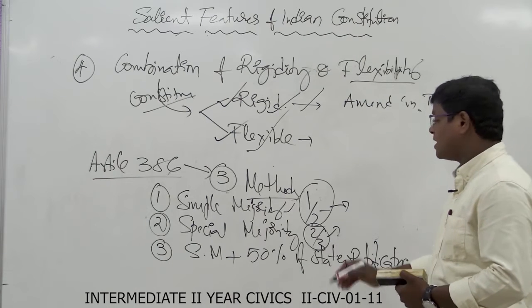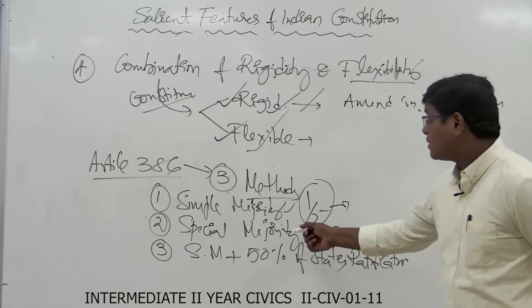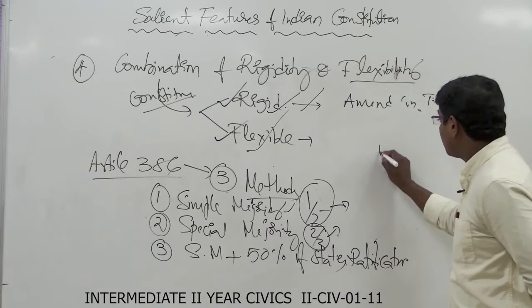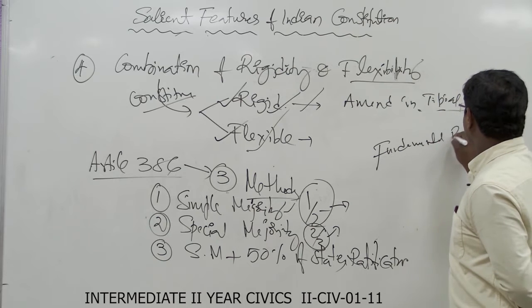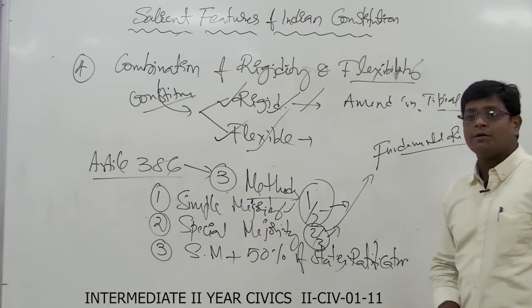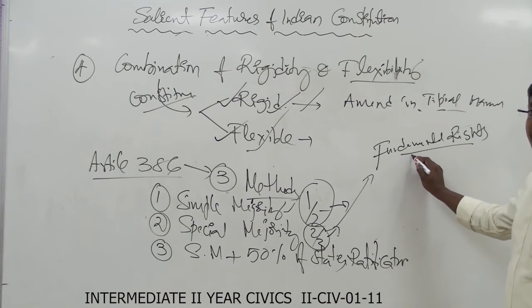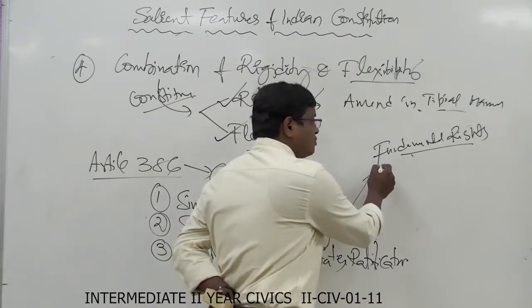Here, 2/3 majority. What are the important provisions to amend under special majority? Fundamental rights also come under 2/3 majority. That means while amending the fundamental rights, it requires 2/3 majority.